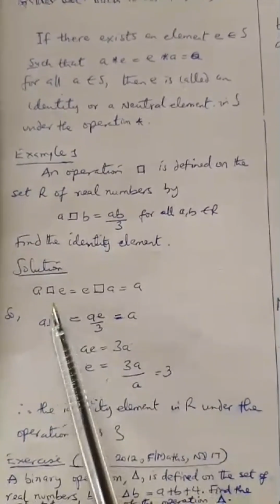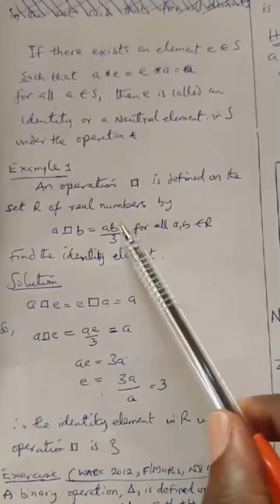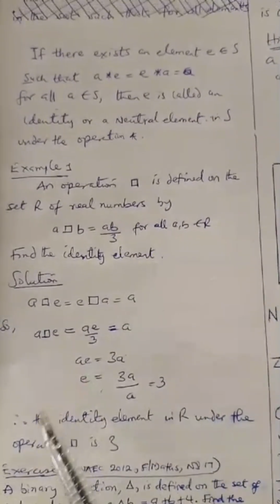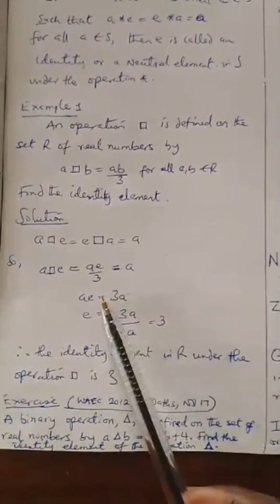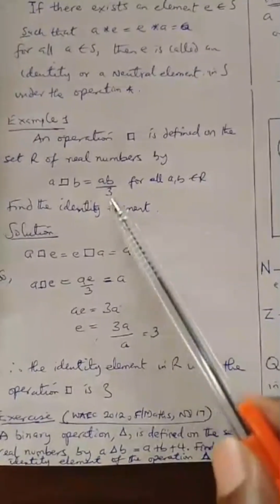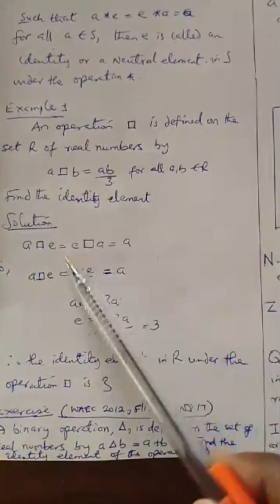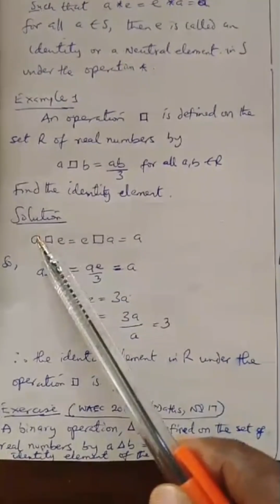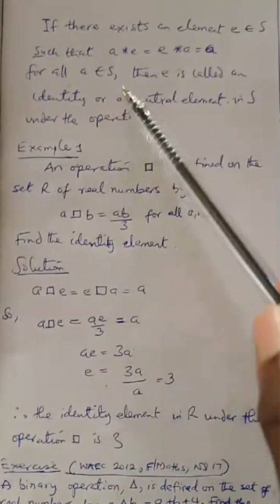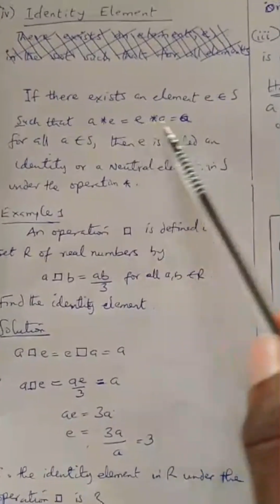So now on the next line you apply what you are given. So your B is now E, the identity element. We have A operation B. Now in the formula it says operation E, because that's the formula for the identity element.